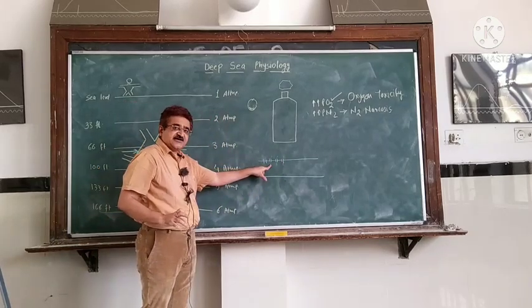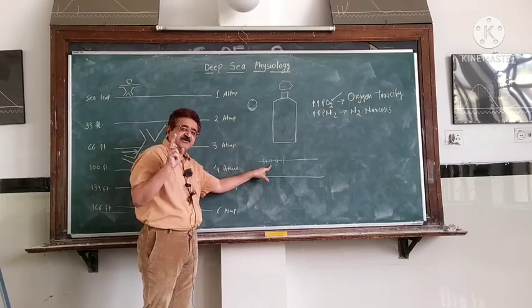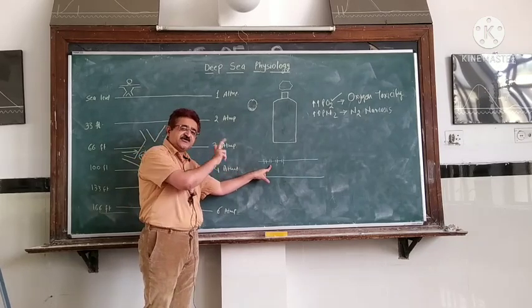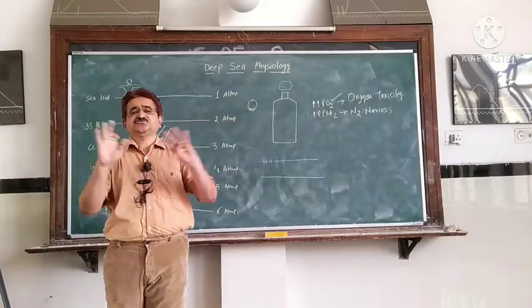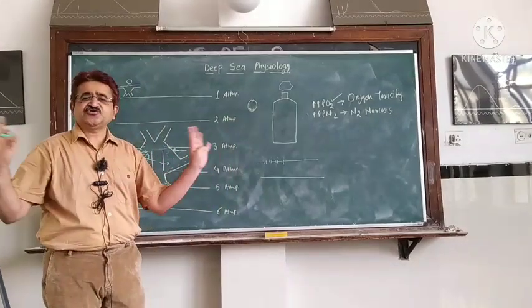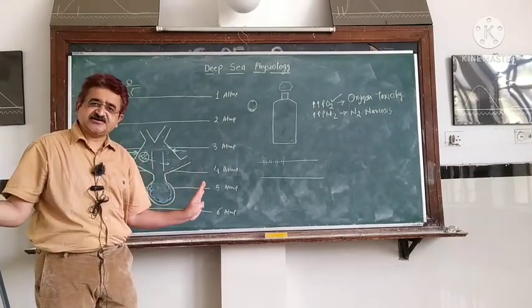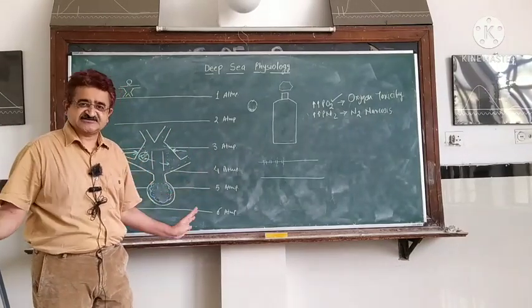What will happen is that initially, because of the nitrogen narcosis, as in alcohol intoxication, the first thing that is developed is the person becomes jovial, careless, euphoria is developed, not caring about what is present around.